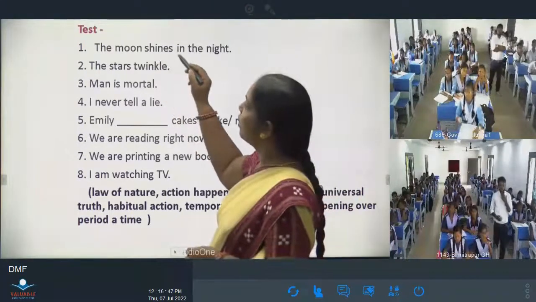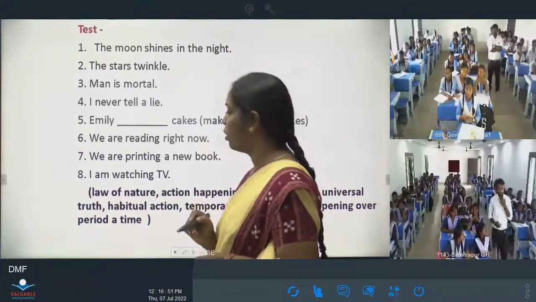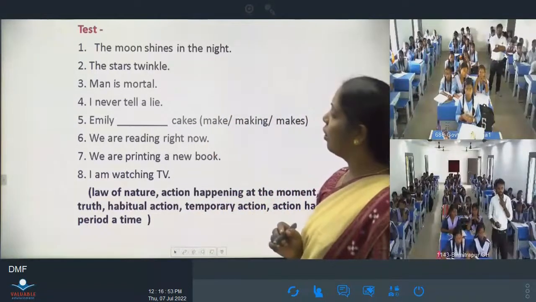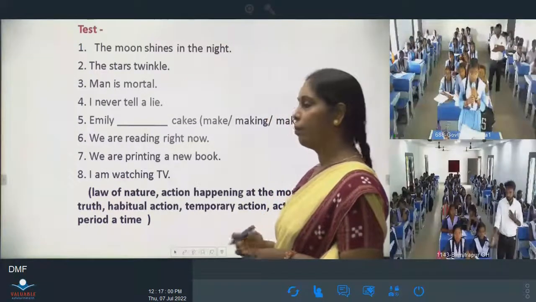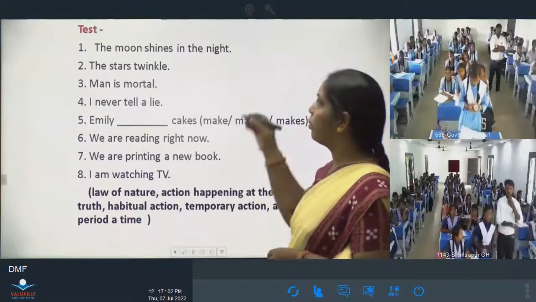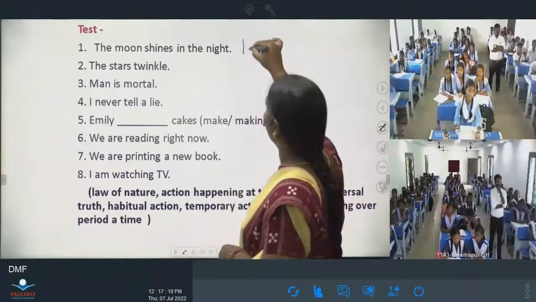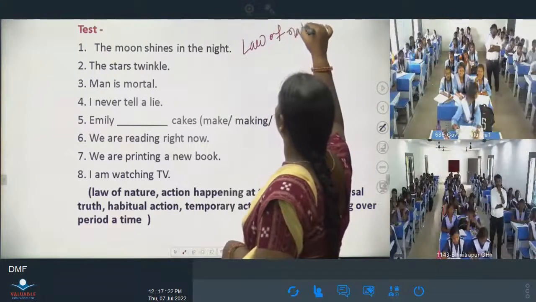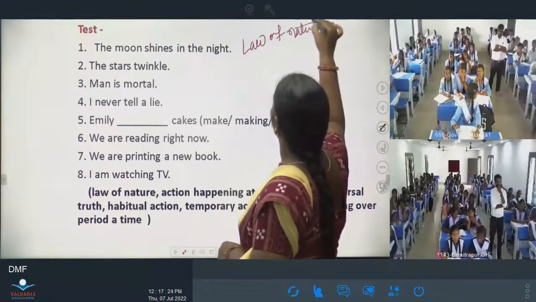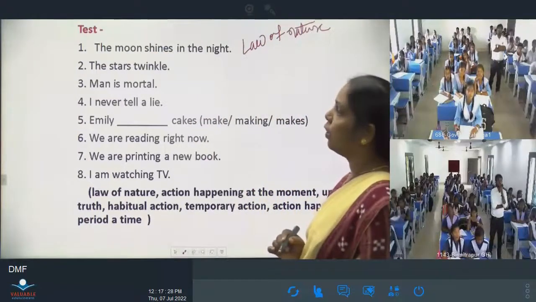The moon shines in the night. Law of nature. The moon shines in the night is the law of nature.